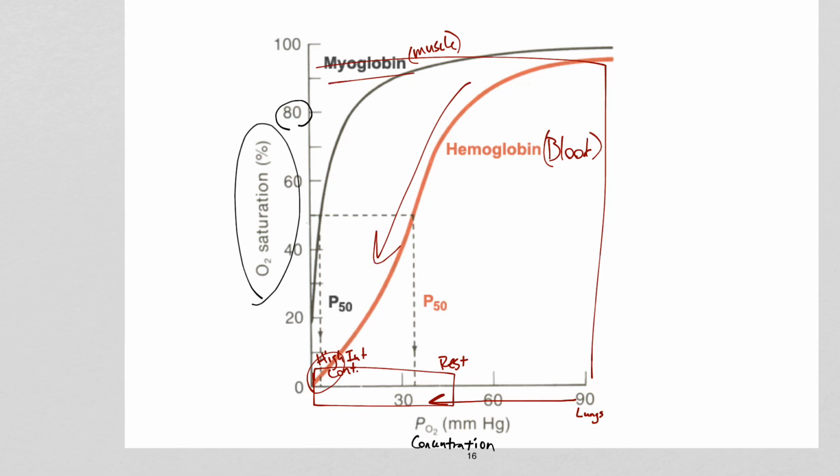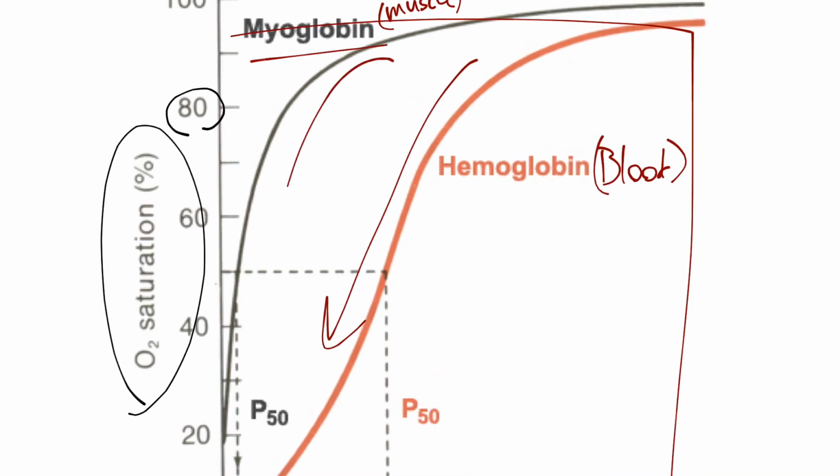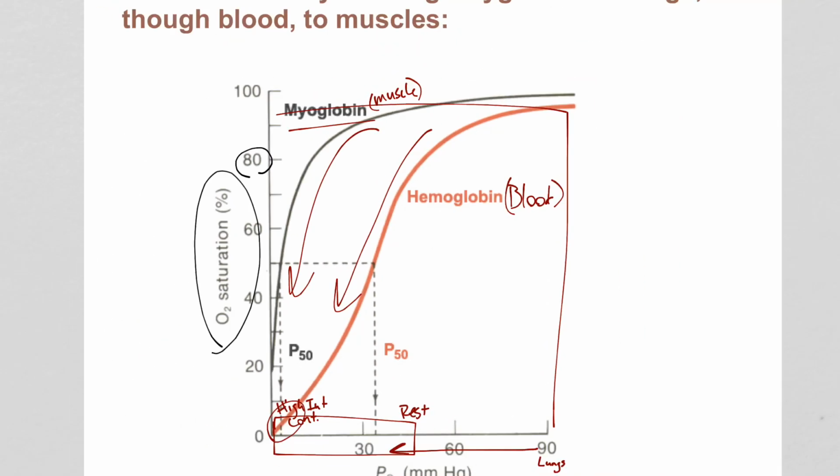You're maxing out the ability of hemoglobin to deliver O2, which never stops, but you can completely use it up in the instantaneous sense. If hemoglobin is maxed out and PO2 gets low enough, eventually myoglobin saturation starts dropping too, which is just saying you're using your backup. Myoglobin's letting go of its oxygen. That's also being used to make more ATP aerobically than you would otherwise be able to.